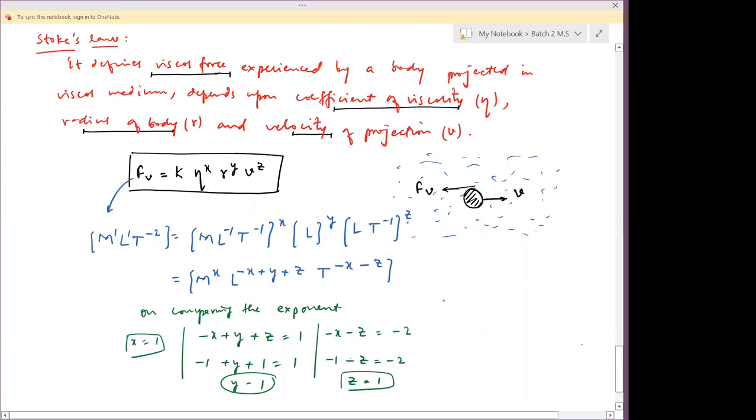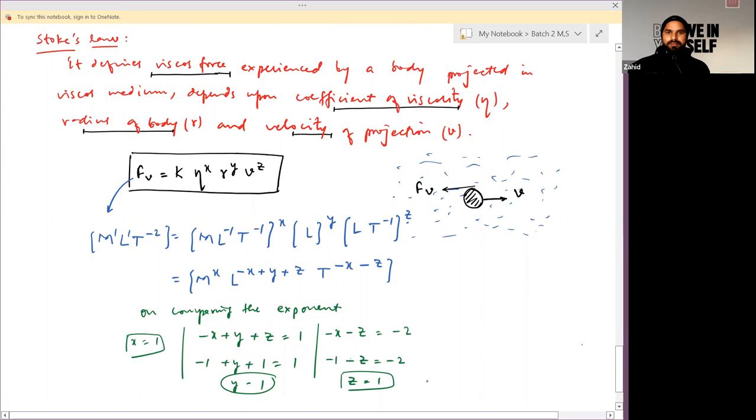Okay. Now put the proportionality constant K to be 6 pi. So you'll get viscous force equals 6 pi eta r times v. Now this entire term, 6 pi eta r, will be constant for that particular object and its influence on the surrounding liquid.